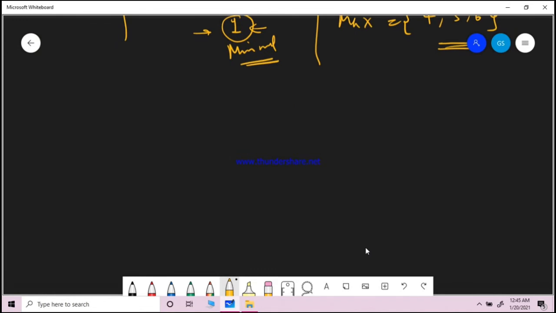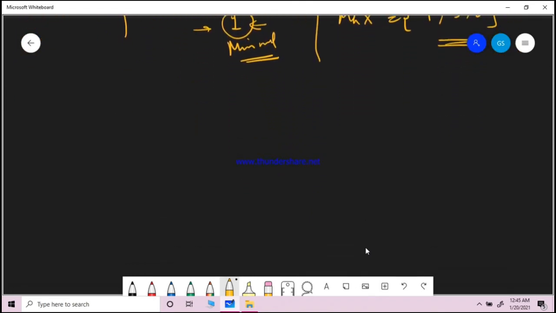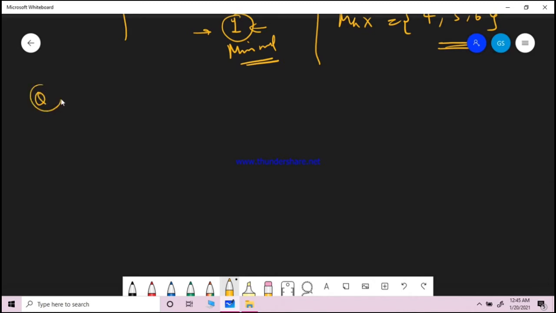Okay. So this is another example. So the question is, this is a poset where you have a divide operation and the set is 2, 5, 10 and 15.